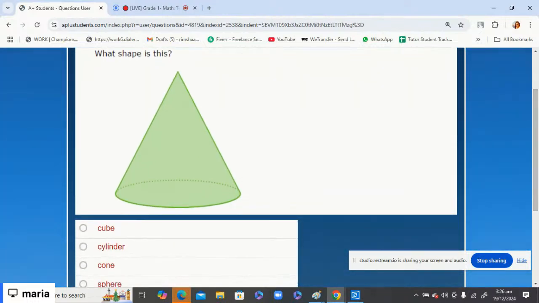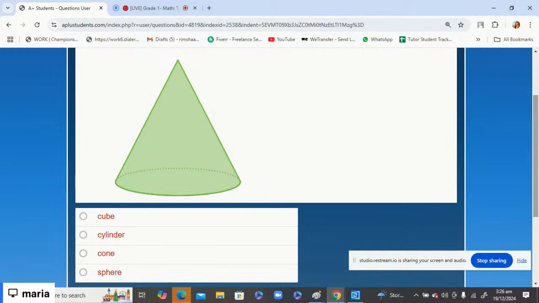Now, what shape is this? Is this a cube, cylinder, cone, or sphere? Check it out, everyone, and then tell me in the chat. Just check it out and then tell me. It's a cone, that is option 3, okay? Which is right.